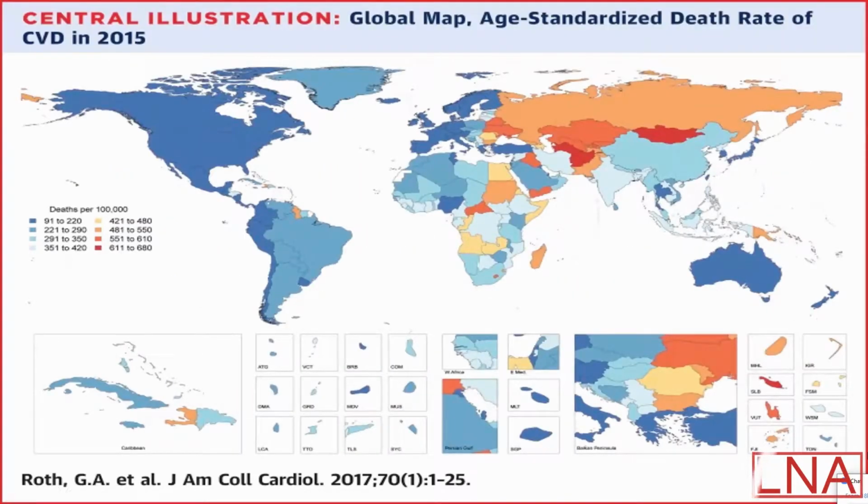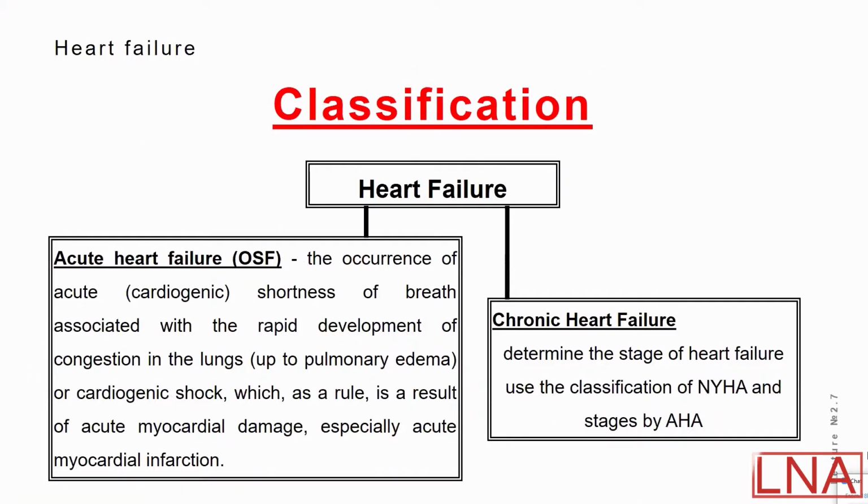This is a map with the gradation of global cardiovascular disease, as we discussed, with prevalence of chronic coronary disease in highly developed European countries, and as a final stage, the development of heart failure.